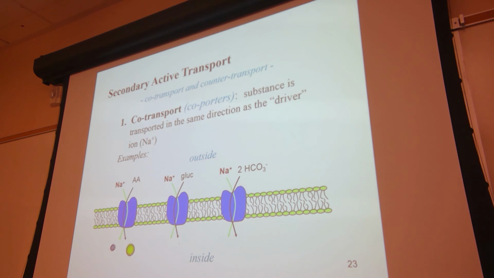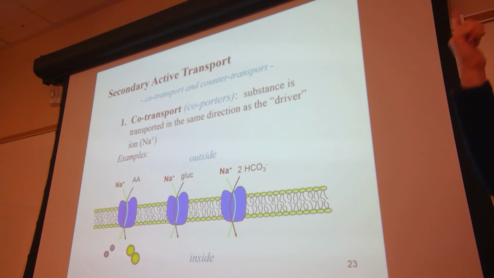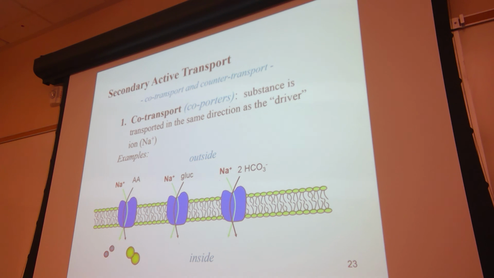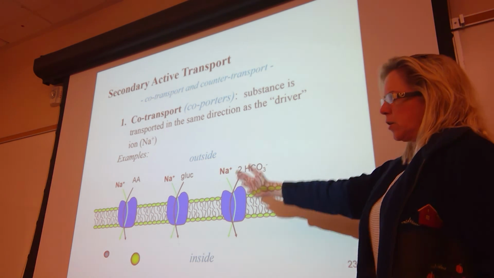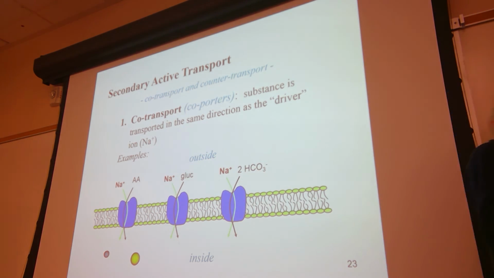But still, one substance is coming down its gradient and the other substance is going against its gradient. So they can move in the same direction across the cell membrane, but one is still coming down the mountain while one is being pushed up the mountain. These are called co-transporters.